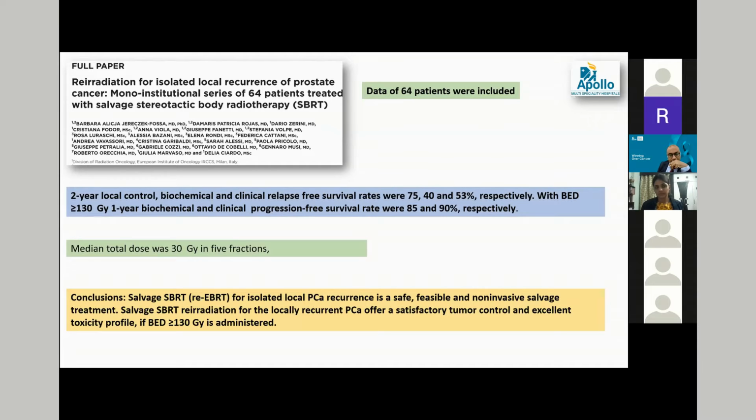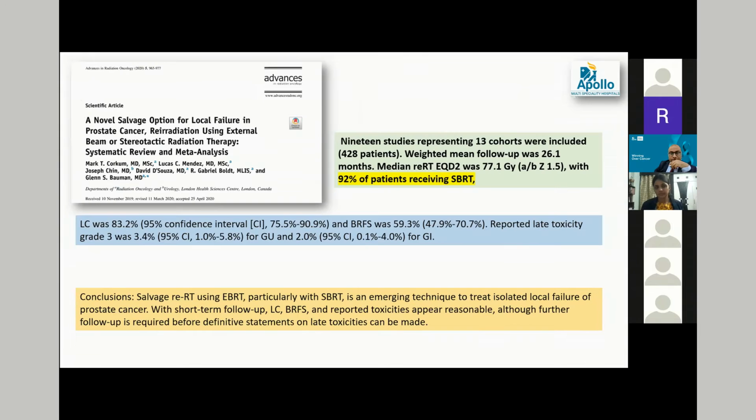And they also concluded that salvage SBRT, that is retreatment for isolated local prostate cancer recurrence, is safe, feasible, and non-invasive salvage treatment. Salvage SBRT irradiation for the locally recurrent prostate cancer offers a satisfactory tumor control and excellent toxicity profile if BED more than or equal to 130 gray is administered.